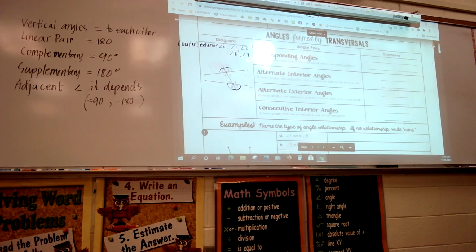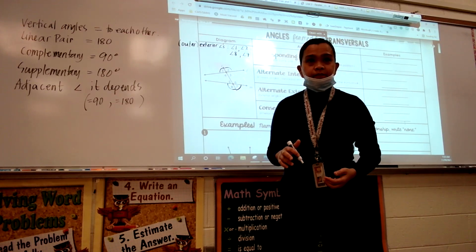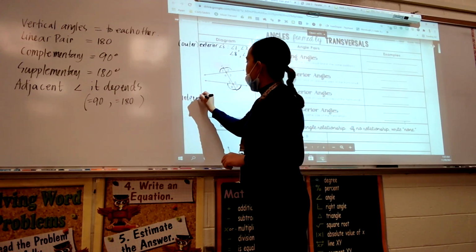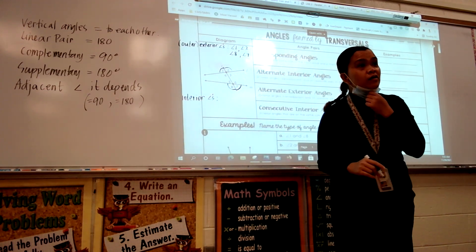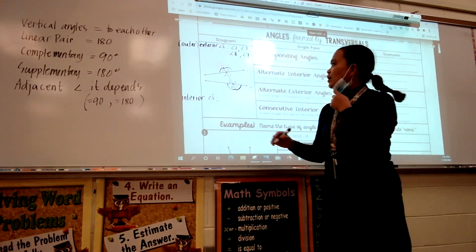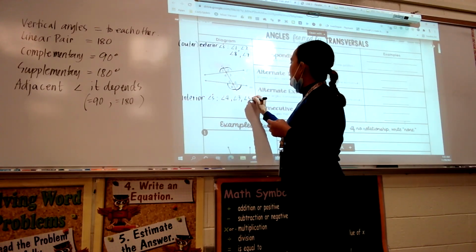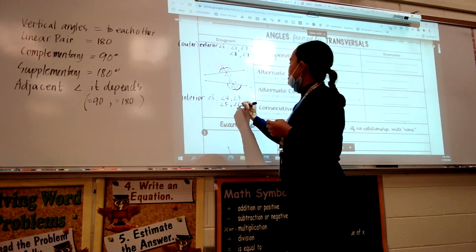¿Preguntas? ¿Entendió eso? Those are exterior, outer. Ok, listo. Next, if there is an exterior, the opposite of exterior is what? Interior. So we also have interior angles. What are the interior angles now? Angle 4, angle 3, angle 5, and angle 6.